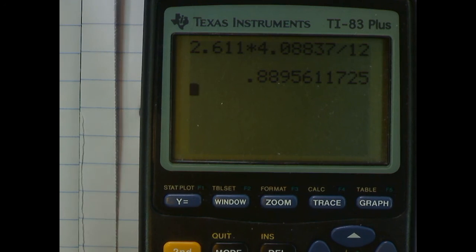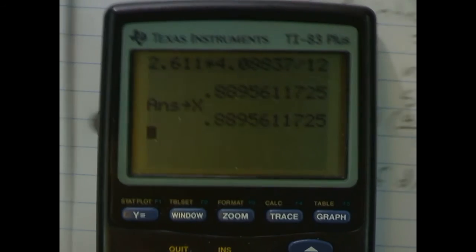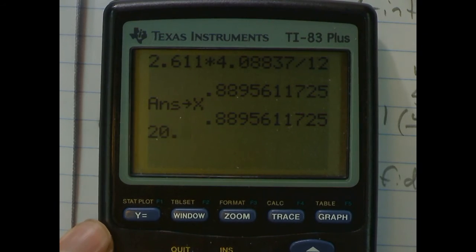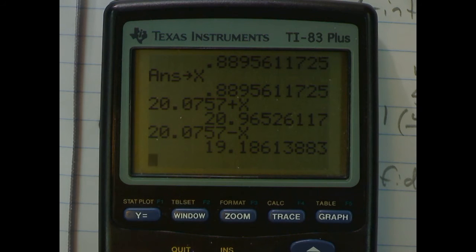We'll just store that in X so that I can do 20.0757 plus X, 20.0757 minus X. Okay, so those are upper and lower bounds. All right.